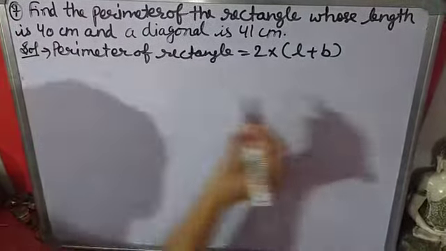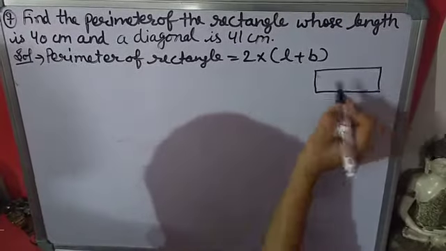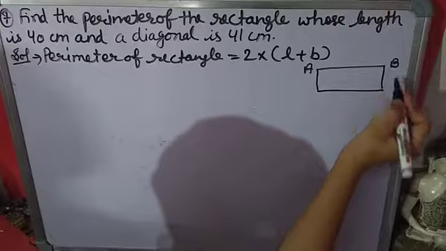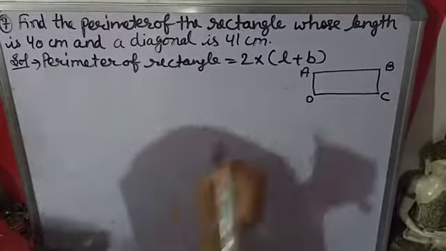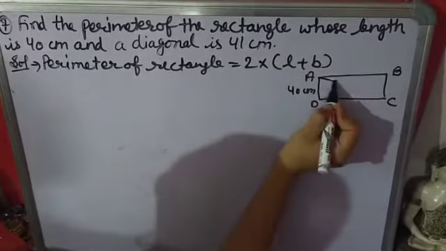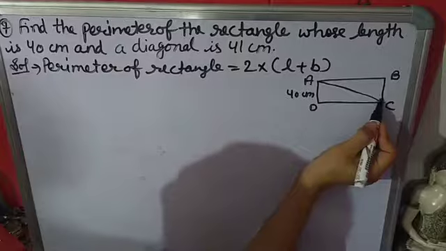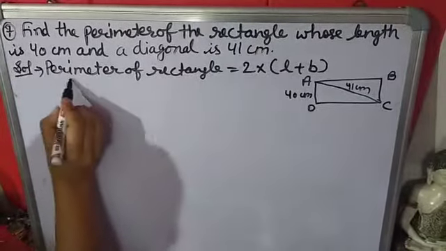Okay? So this is a rectangle. I am giving names A, B, C, D. This is a rectangle. He is saying its length is 40 centimeter and its diagonal is 41 centimeter. You have to find perimeter.